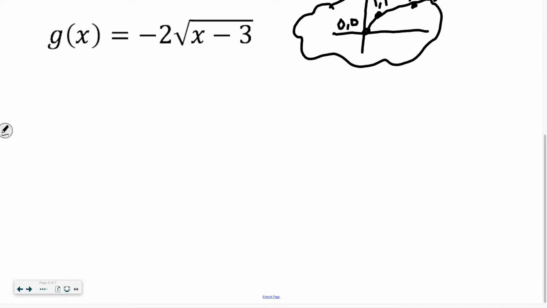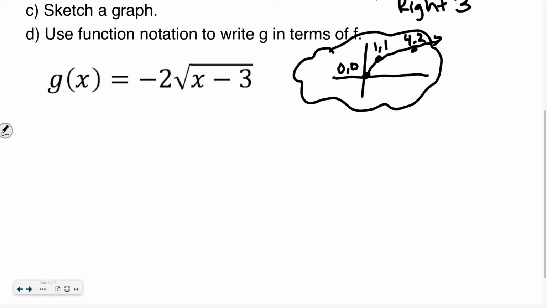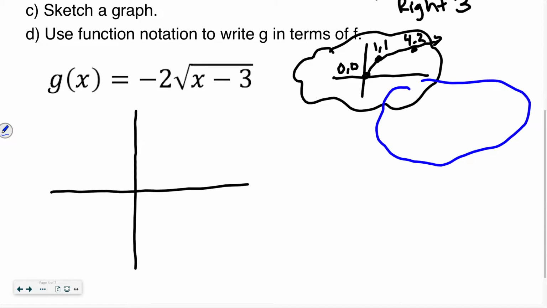Okay. So if I'm graphing by transformations and not by table of values, this is what I would do. I'm thinking in my head, maybe I'm going to reflect it, right? In my head, I'm not always writing this stuff down. I'm thinking about reflecting it: (0, 0), (1, -1), (4, -2).